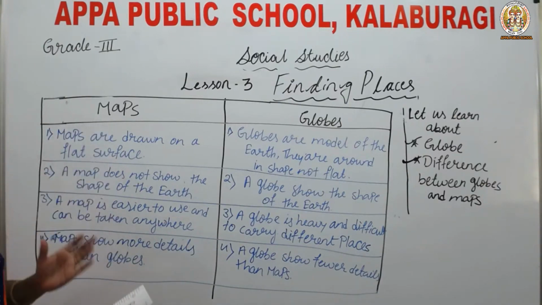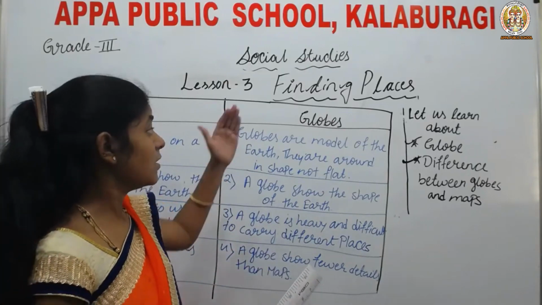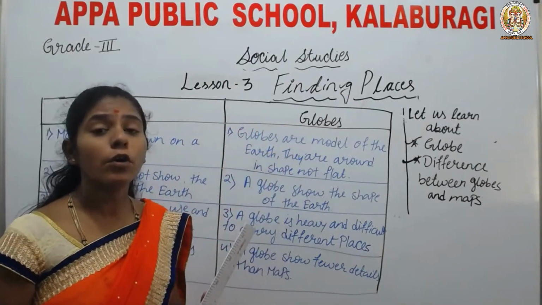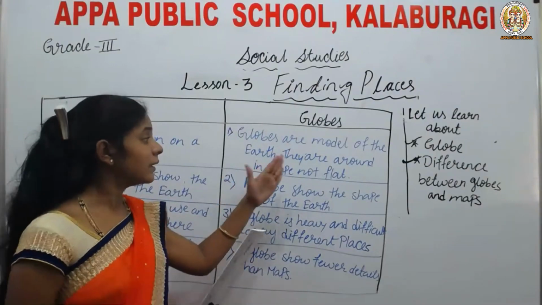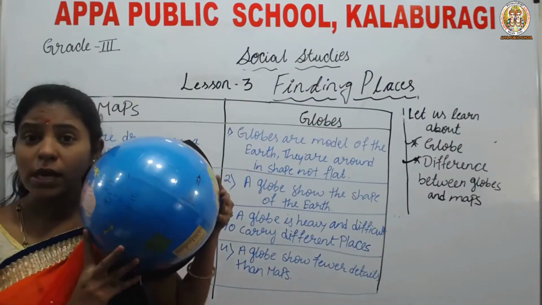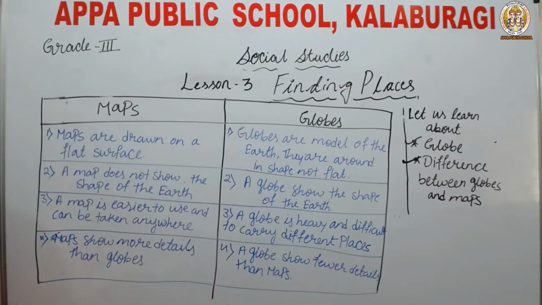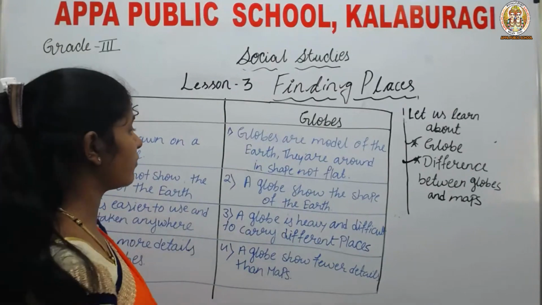Maps are drawn on a flat surface. Globes are models of the earth. They are round in shape, but maps are drawn on a flat surface.